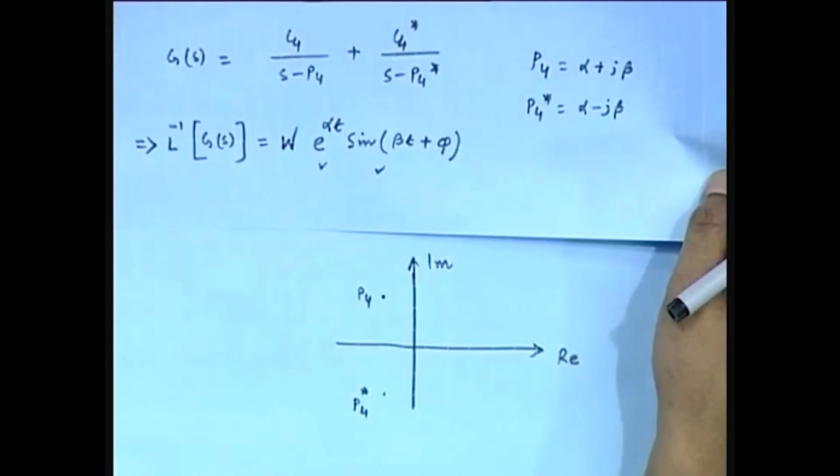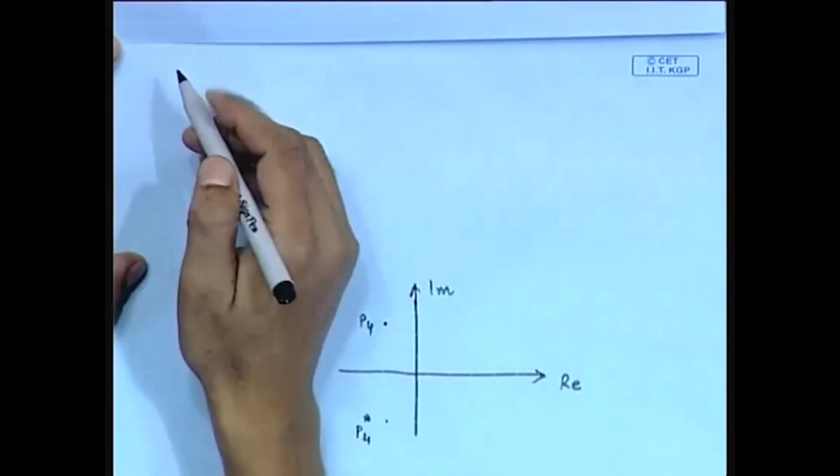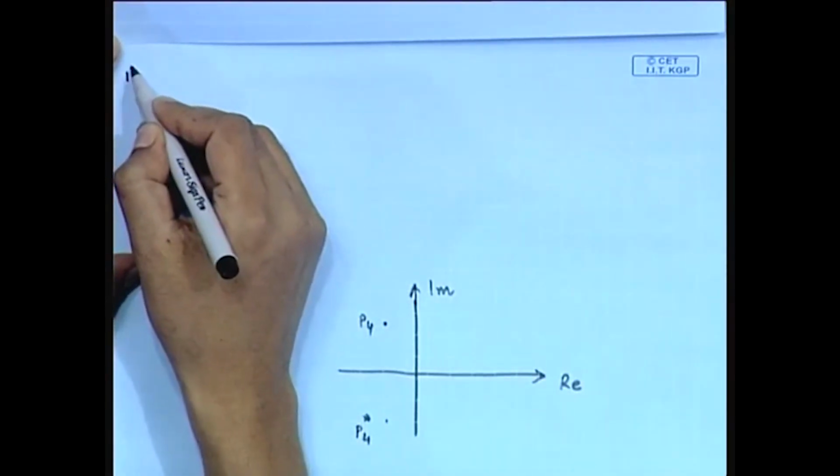Fine. So, next we will consider the different values of alpha, and what will be the response of the process having two complex conjugate poles. In the first case we will consider alpha greater than 0.